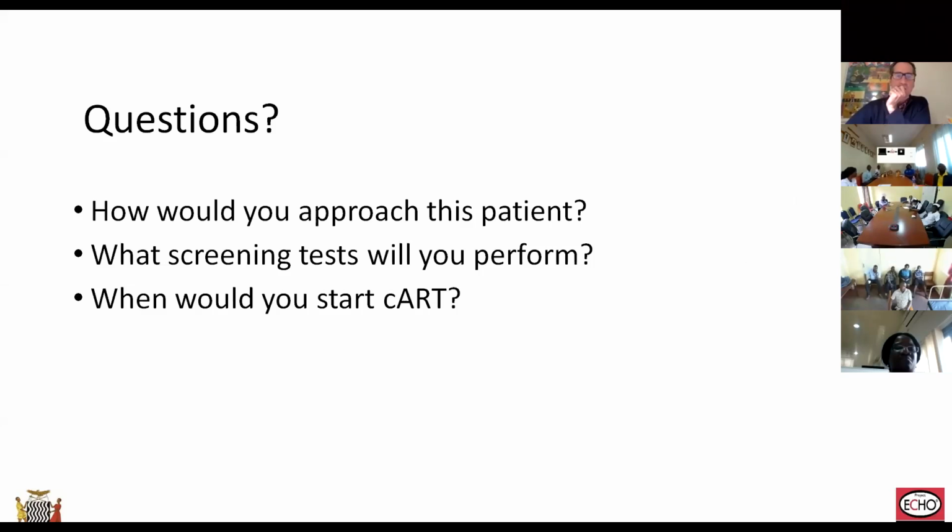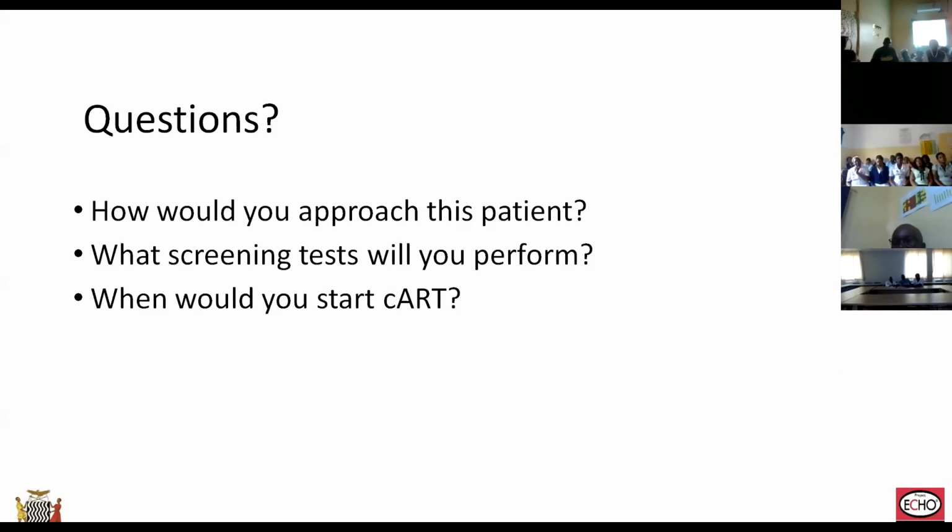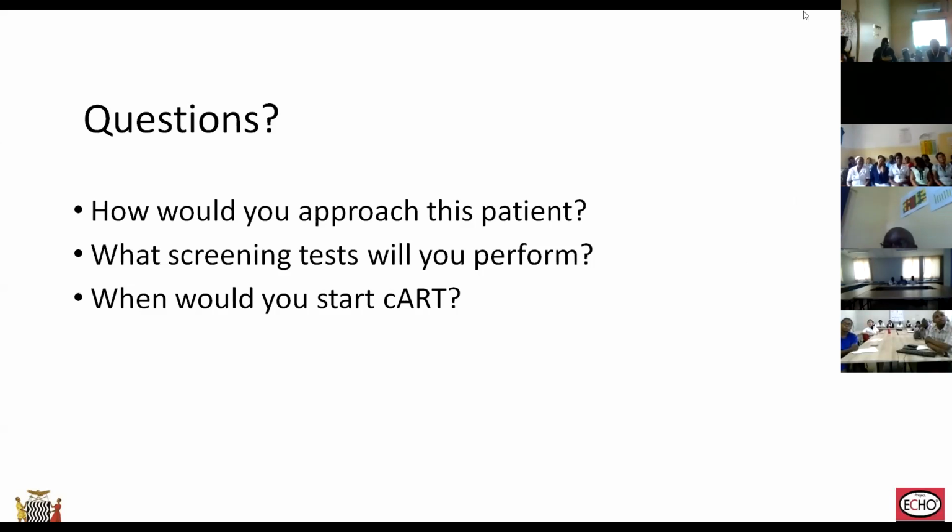And anyone on the platform that is participating, we can see you all, except you can't see us. I've seen Dr. Mlenga and Dr. Mwemba there. We've seen you. And anybody else that would like to give it a go? We'll pick on a facility that did not participate in the previous discussion. I will volunteer Nangongwe. Would you like to give it a go? You can't see us, we know, but oh, you can see us now.